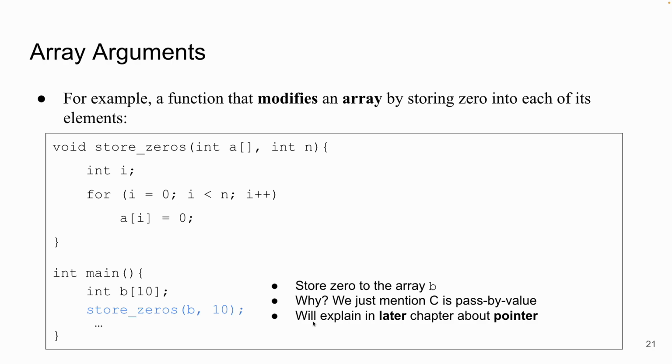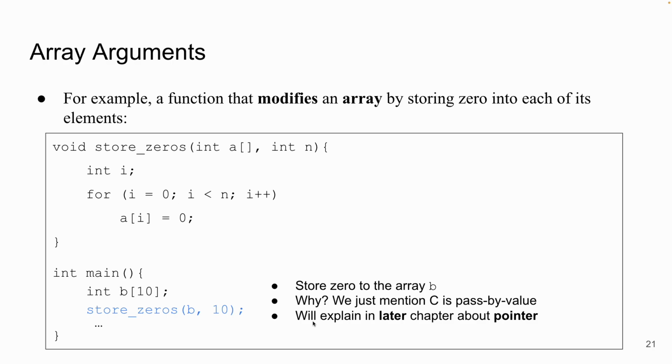But the actual reason why arrays have this power, we will explain in the pointer and array topic, in the next few weeks. It will be really hard for me to explain why this happens right now.